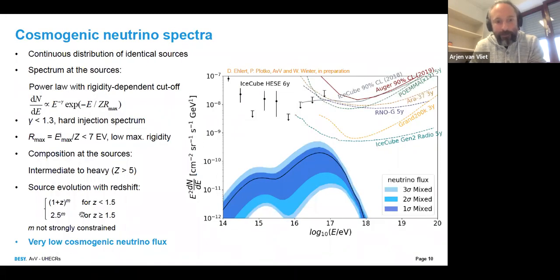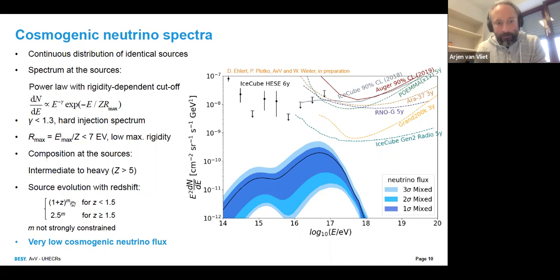Generally speaking, because we don't know the actual sources of these cosmic rays, we just model this source evolution in a very general way. So something like this, which is just 1 plus the redshift to the power m up to a certain redshift, and then flat after that, where in this case this goes up to a redshift of about 4 maximum.